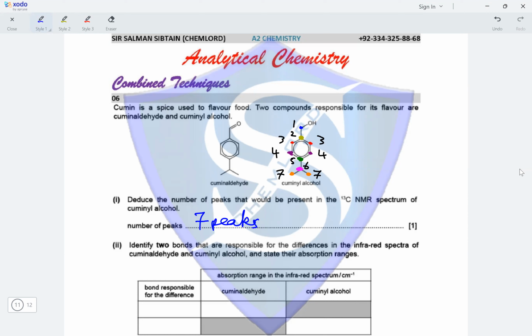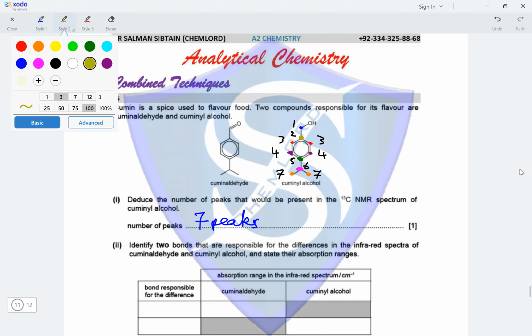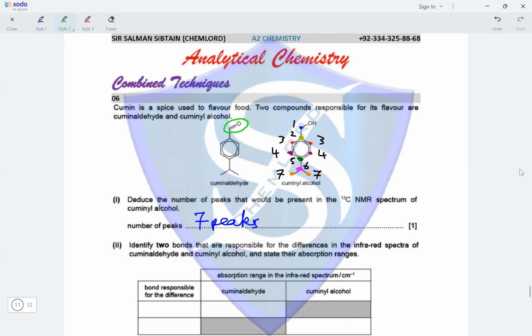Identify two bonds that are responsible for the differences in the infrared spectra of cuminaldehyde and cuminyl alcohol and state their absorption ranges. So, in cuminaldehyde, we've got a C=O group present. The C=O group would give a range in the carbonyl region, which would be 1670 to 1740 wavenumbers.